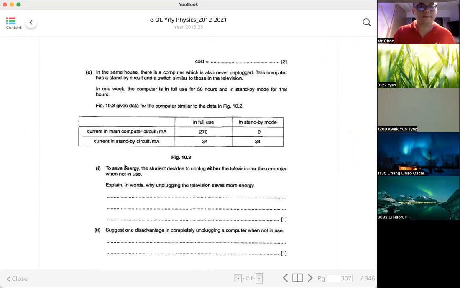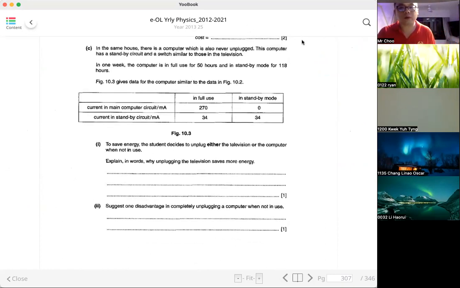Okay, look at part C. Okay, start doing now. Let me give you the data for the TV.